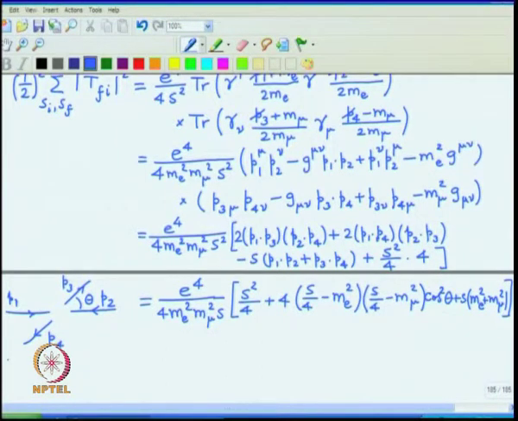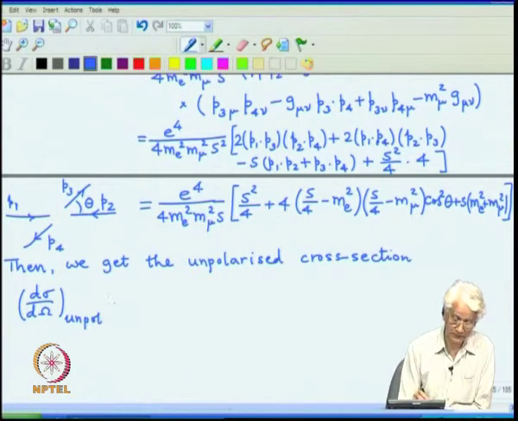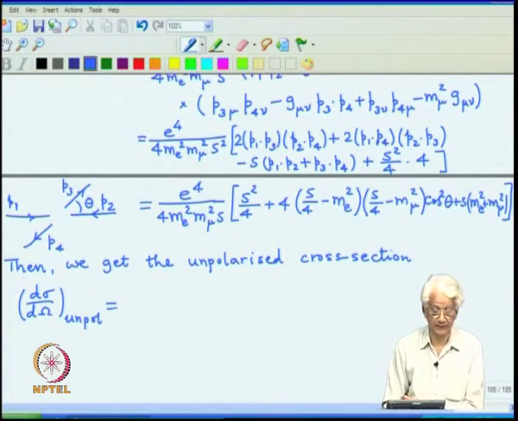So, then we have the complete result for the unpolarized cross section, which can be now written in a simple enough form.